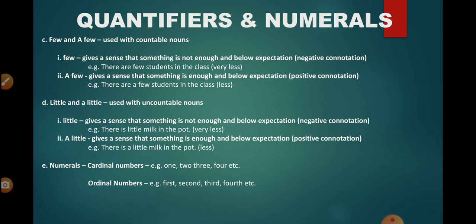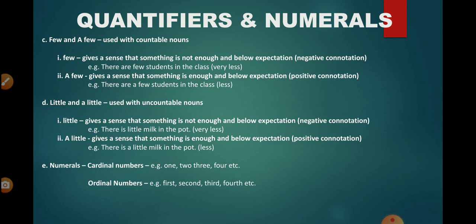Like if we want to say the same in our language, then we'll say क्लास के अंदर नाम मात्र बच्चे हैं, means this is giving some negative connotations, negative sense. Fine. And likewise there is little milk in the pot. इस बर्तन में नाम मात्र दूध है, means this is again giving the negative sense, but little is being used for uncountable nouns and few is used for countable nouns.